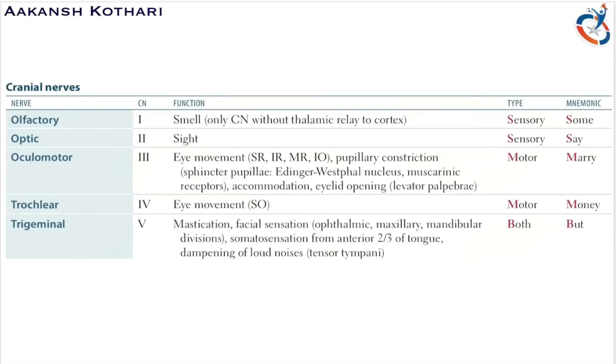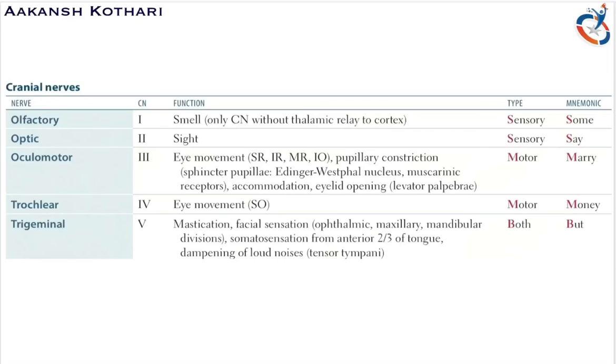The other branches, ophthalmic, maxillary, and mandibular, are used in facial sensation and somatosensation from the anterior two-thirds of the tongue. The trigeminal nerve also plays an important role in otology, that is damping of loud noises by the tensor tympani muscle.